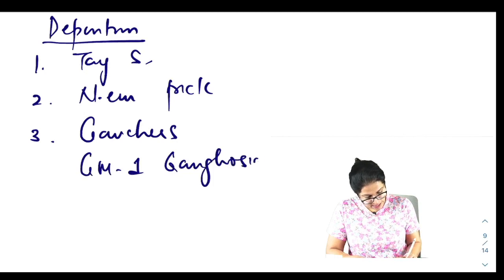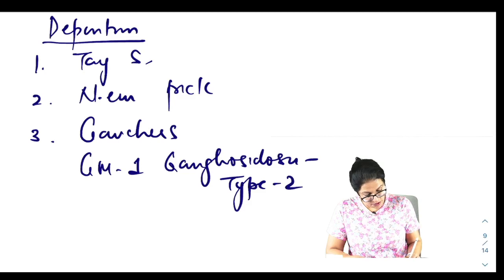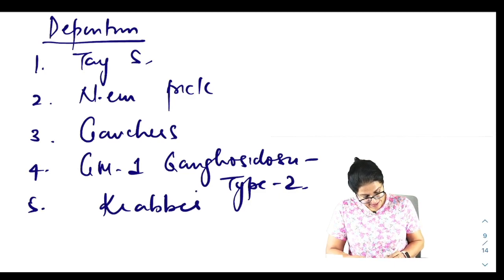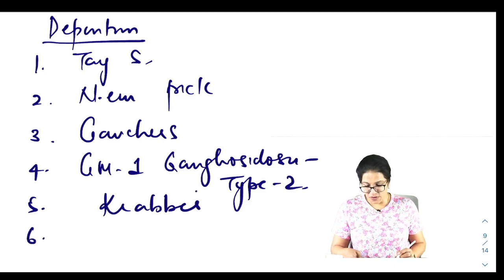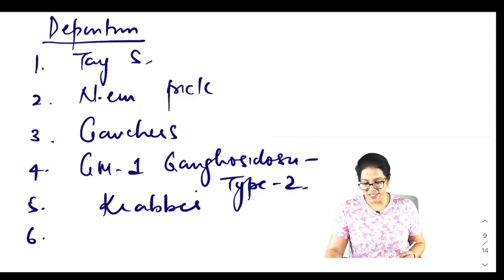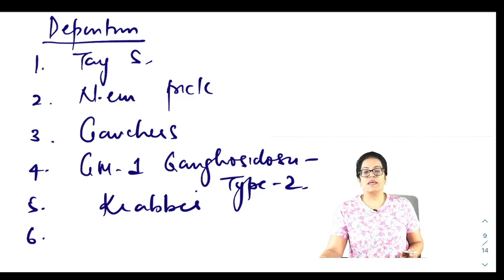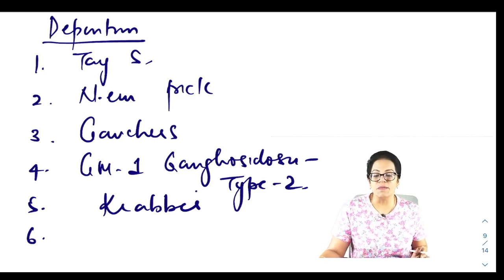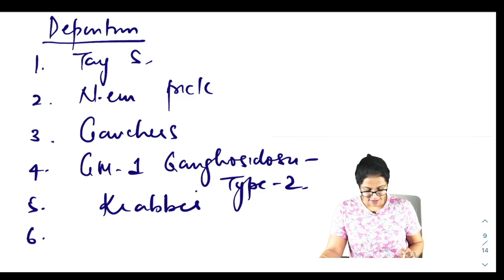This is type 1. Oh, sorry, type 2 has the red spot, not type 1. Then also your Krabbe's. So the list goes on and on. We don't have to mug up the list. The main ones that are asked, you have to keep in mind. Right?